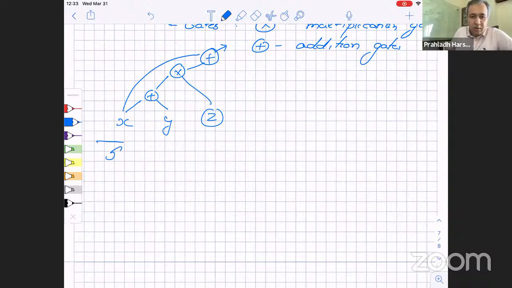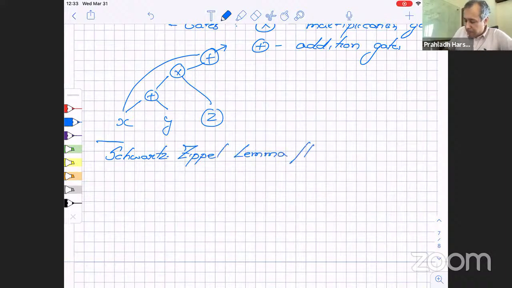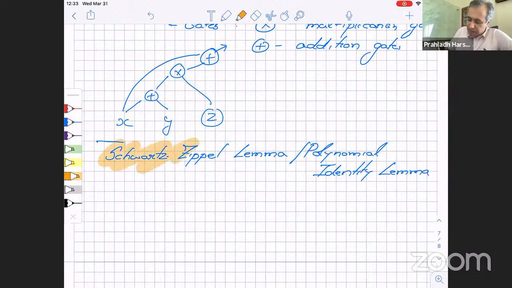One of them is the Schwartz-Zippel lemma, the polynomial identity lemma. It's a very basic fact that has been proven several times over in the last 50, 60 years.